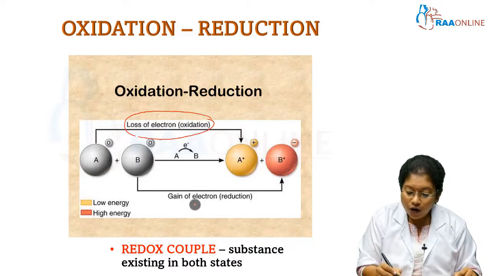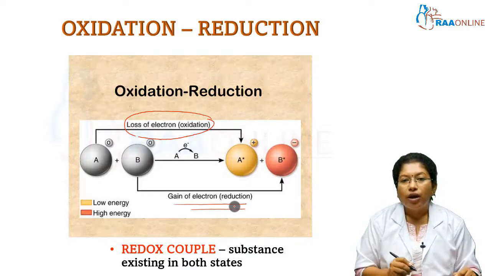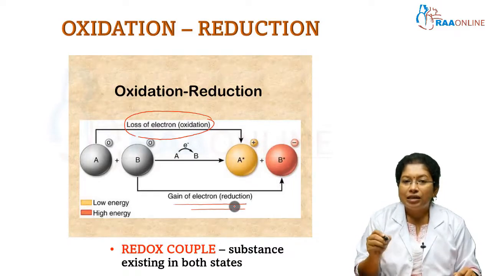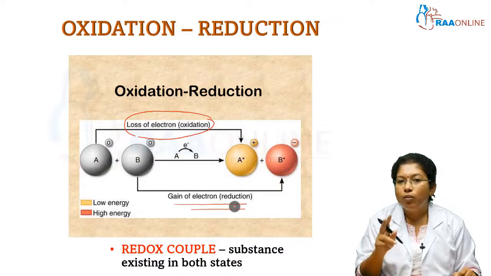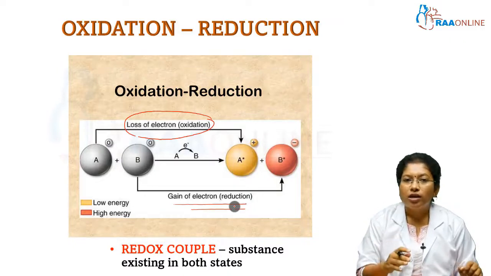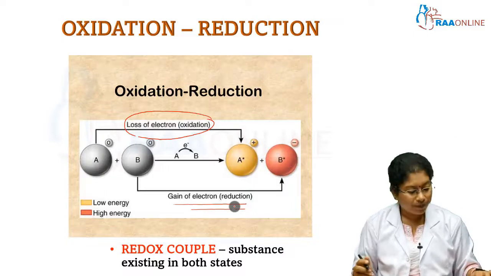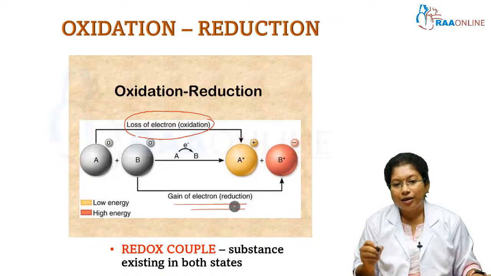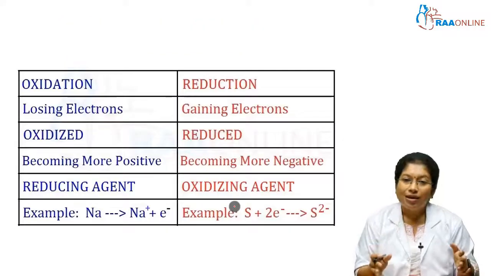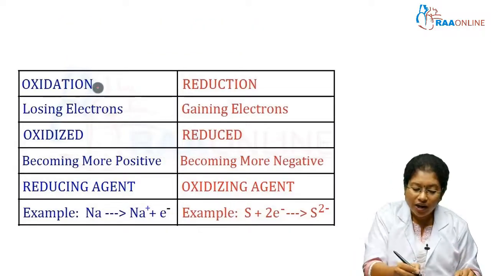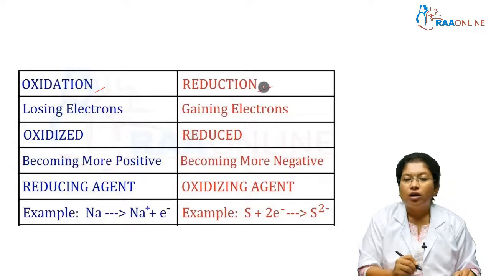The gain of electrons is called reduction. So, a redox couple means a substance existing in both states, both oxidized state and reduced state. This is the difference between oxidation and reduction.